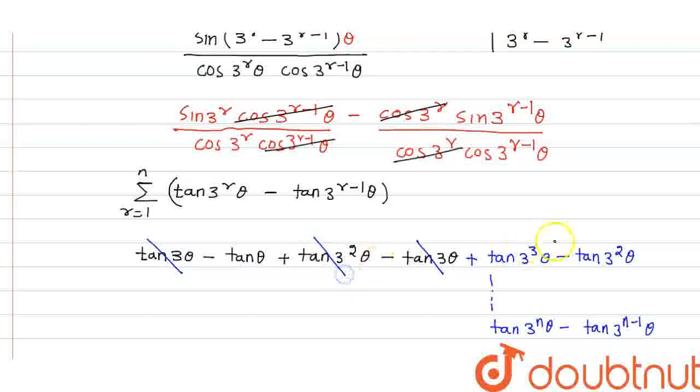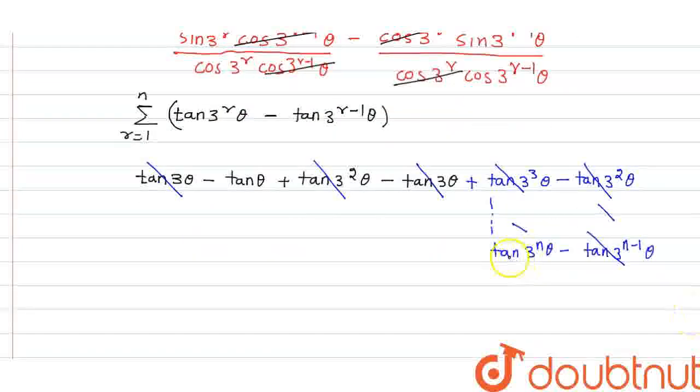So what we are left with, and half is here also, is half of tan 3^n theta minus tan theta. So this is what we needed to prove.